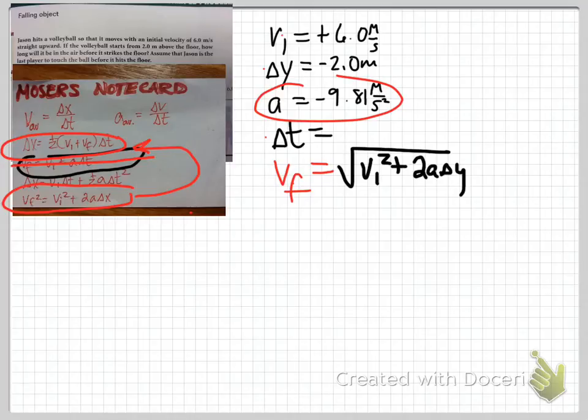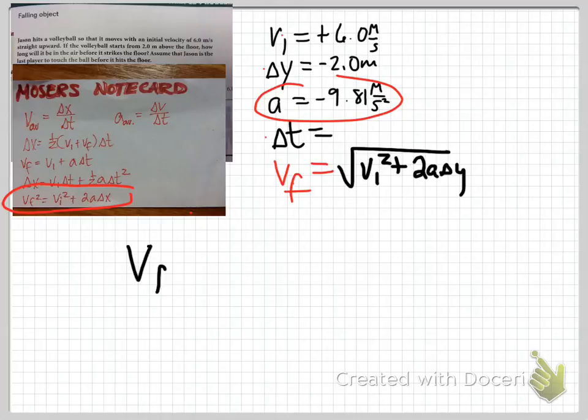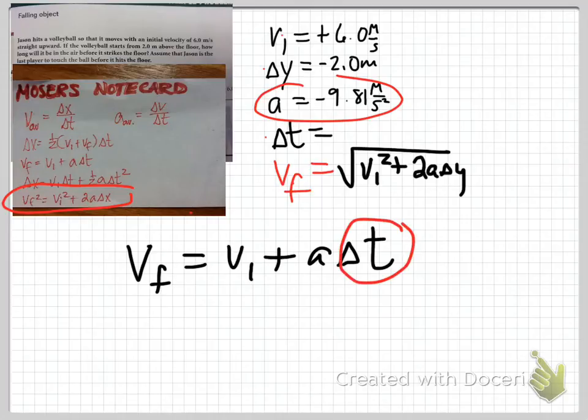Now, having an expression for VF, do I have an expression that ties together VF, VI, a, and delta t? I do. So we're going to do this. VF equals VI plus a delta t. I want to solve here for delta t.